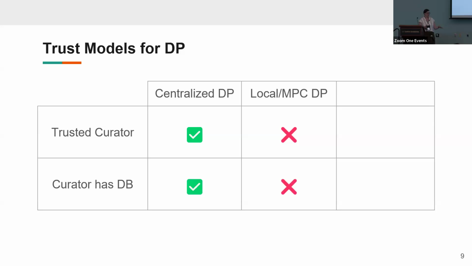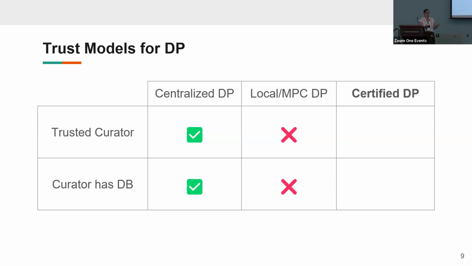But these also have another difference: in the centralized case, there is one curator who has full access to the database, whereas in both the local and MPC settings, they actually achieve protection against the untrusted curator precisely through never giving a curator access to the full database unnoisy in the clear.